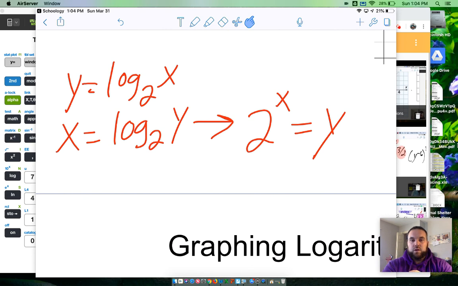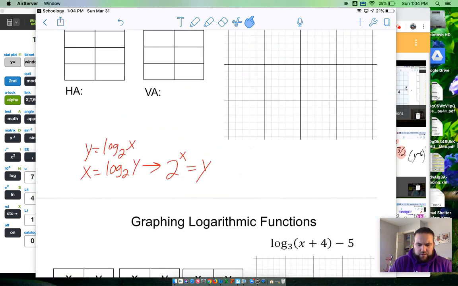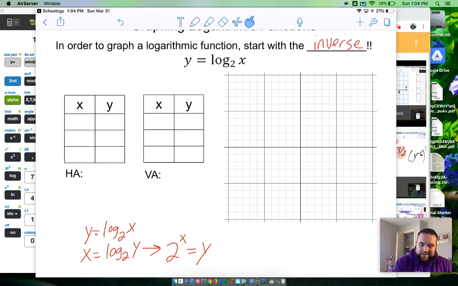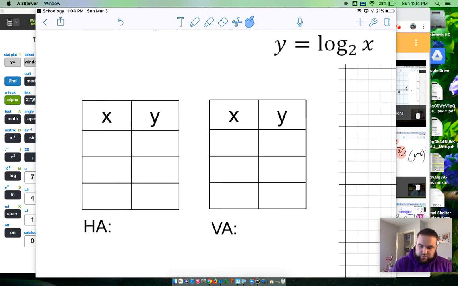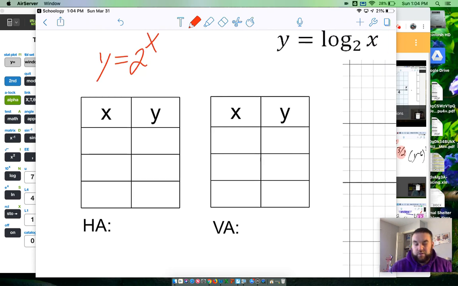And so if we know what the graph of 2 to the x looks like, we can quickly figure out what the graph of log base 2 looks like just by switching the coordinates around. So that's not a proof, but it's just kind of interesting where it comes from. So what I'm going to start with is y equals 2 to the x, and I'm going to just pick a couple values here. You'll notice I only have 3 boxes, or 3 spots for numbers.